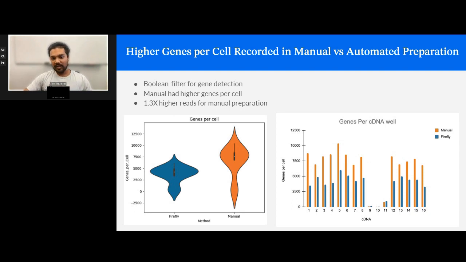However, normalizing counts for SmartSeq2 data is still an ongoing field of research, so there was no read depth normalization or downsampling done in this study, even though the manual samples did get more reads than the automated samples. Additionally, there was a Boolean filter for gene detection, so any gene that even had a single count is accounted for in these plots. Having said that, with all these facts considered, the number of genes detected on the manual was more than the number of genes that was detected on the Firefly.